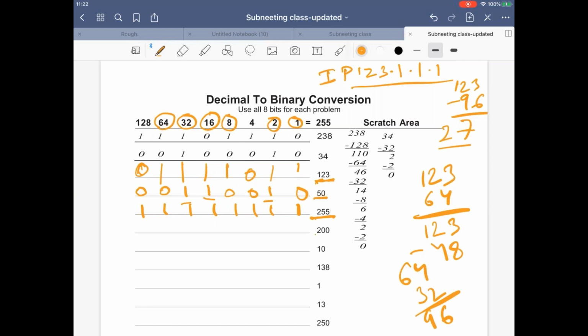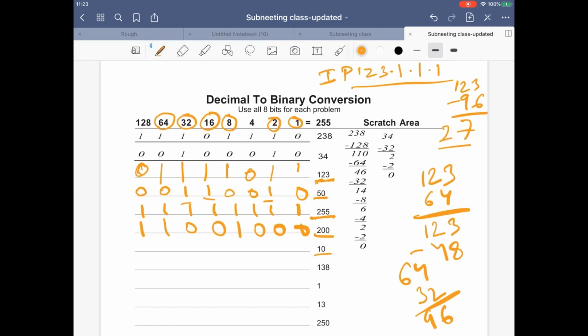For 200, what will be the answer? 200, we will have to check. 128 will be 1. Now we need 72. 64 will be 1. 32 will be 0. 16 will be 0. 8 will be 1.